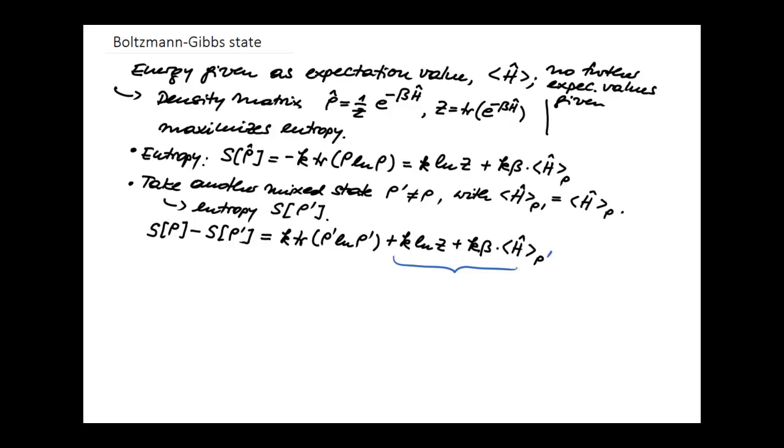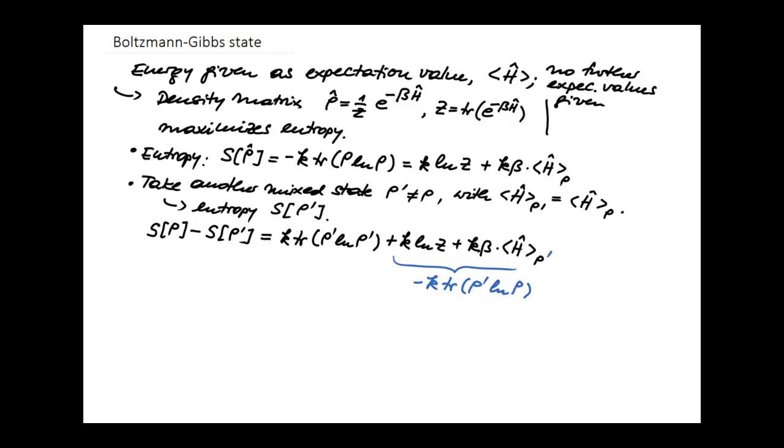And then you can convince yourself that what I just underbraced is the same as minus k times the trace of rho prime log rho. Just take the form of rho above, insert it into this blue formula.